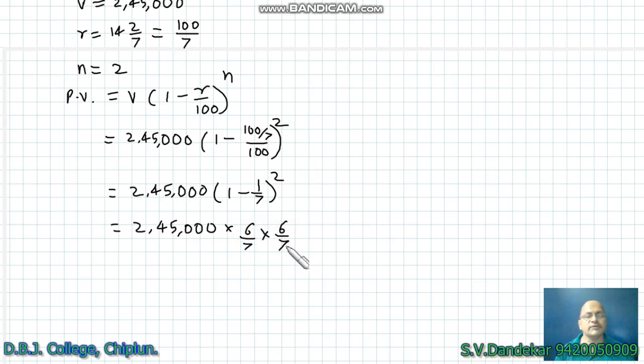Now 7 sevens are 49 and 49 5s are 245. So this is 5,000. 5,000 into 36, it is 1,80,000.